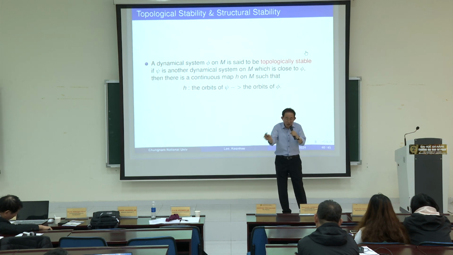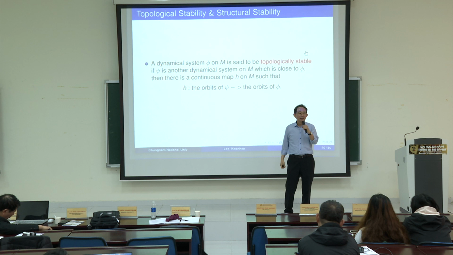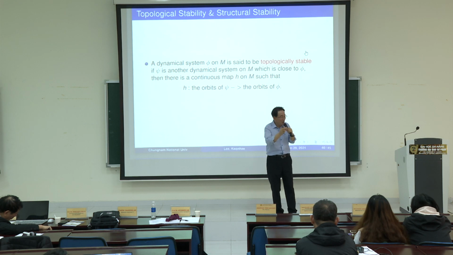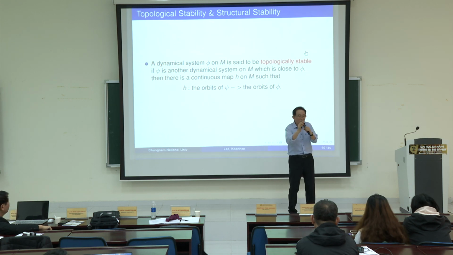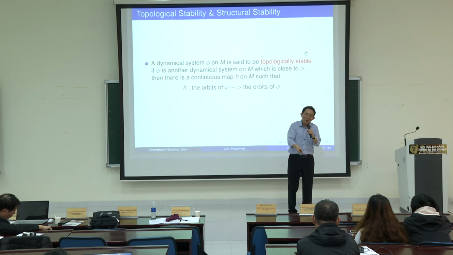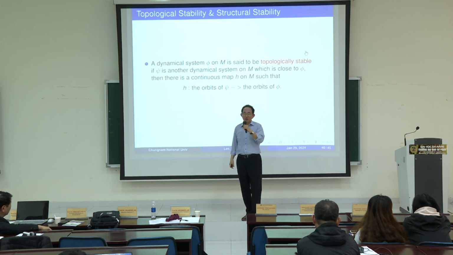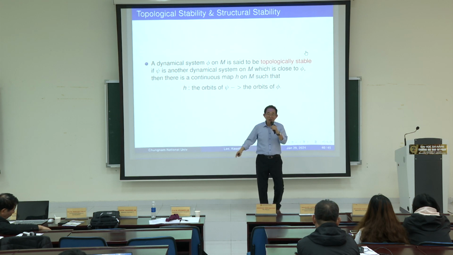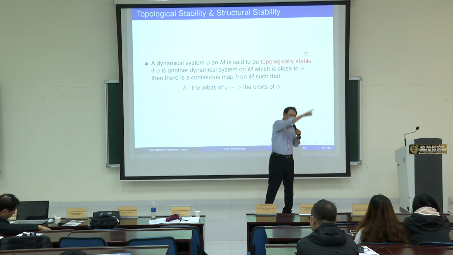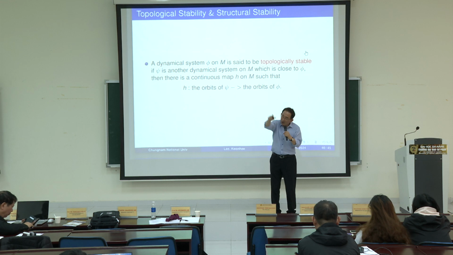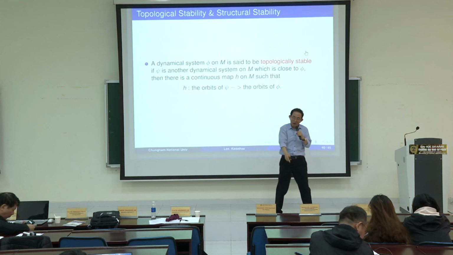So when two dynamical systems are conjugate is very important. Half conjugate is semi-conjugate. Topological stability is semi-conjugate. Structural stability is conjugate. When a dynamical system is semi-conjugate, whether it is topologically stable, structurally stable or conjugate are very important questions, under which assumptions they are true. For undergraduate students, in mathematics, the classification problem is very important. We want to classify these subjects: when they are equal, isomorphic, homeomorphic.